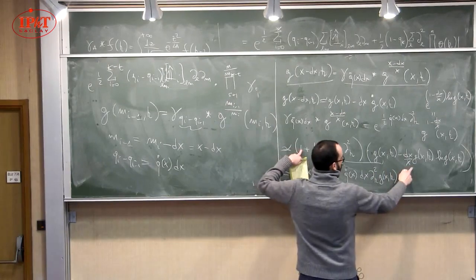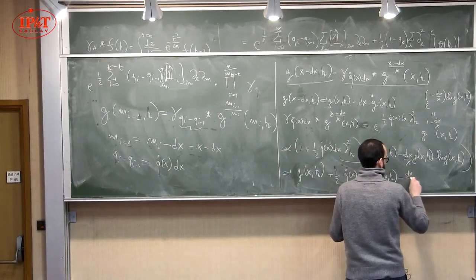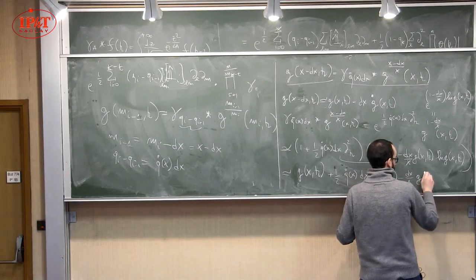And then I have this term. So it's minus 2x over x g.